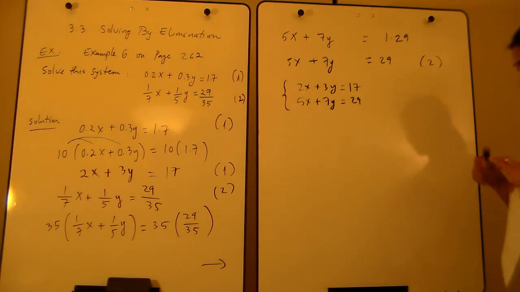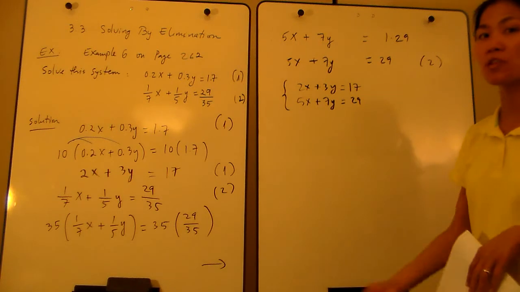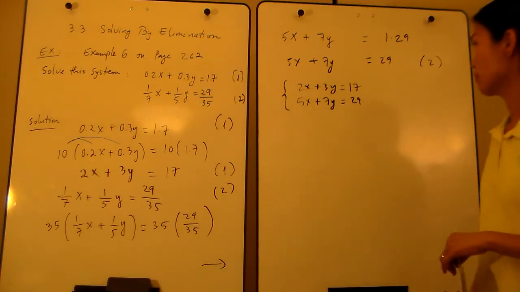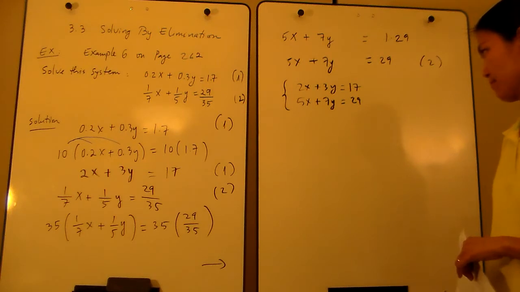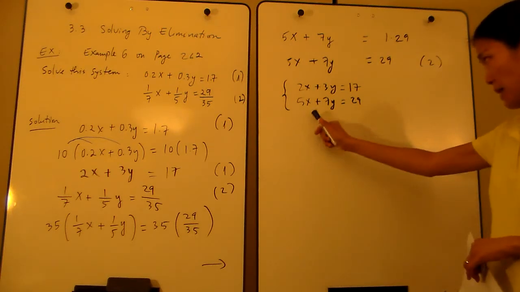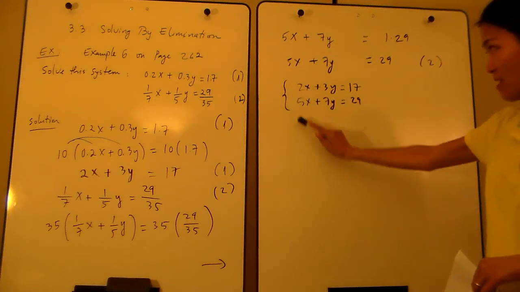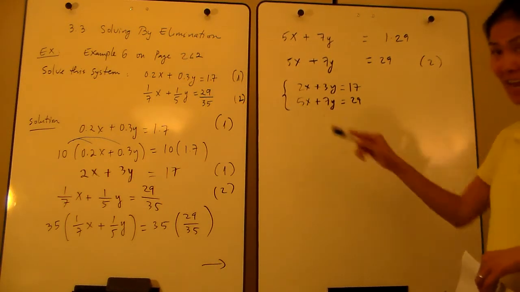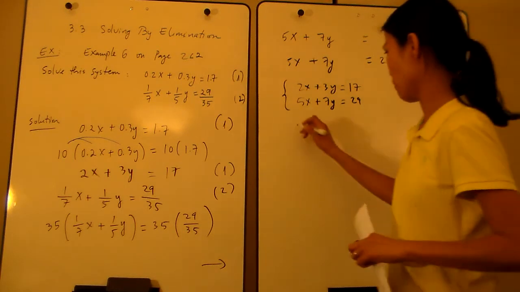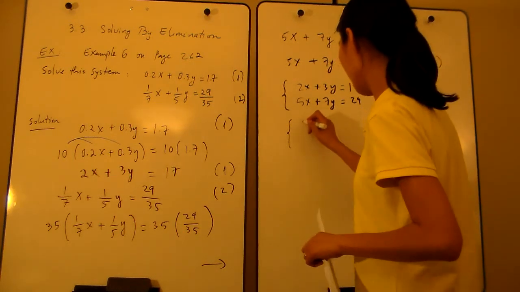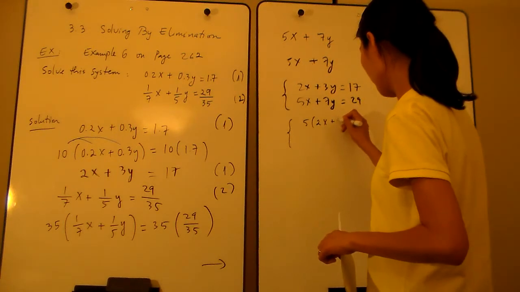Now, we need to select one variable to eliminate because we're using the elimination method. Which one? I will stick with x. Look, 2 right here: if you multiply 5 by 2, you get 10. You multiply 2 by 5 right here, you get 10. So same coefficients. I'm going to multiply the first equation by 5.